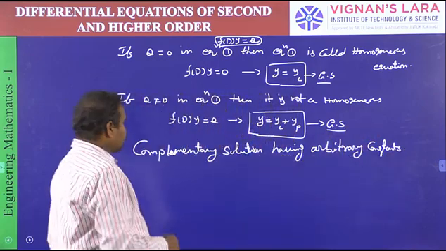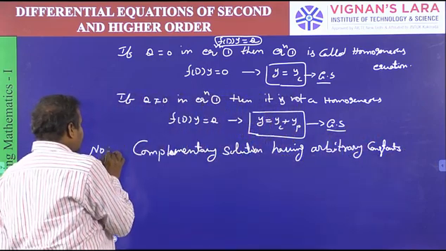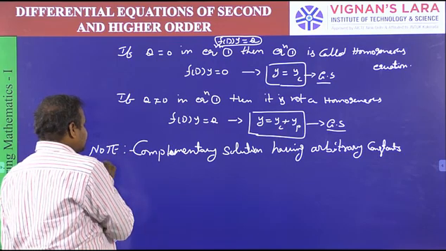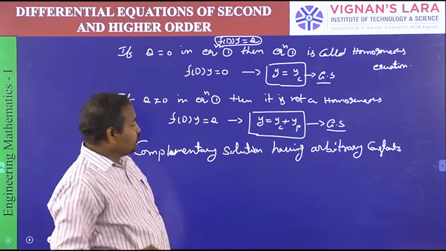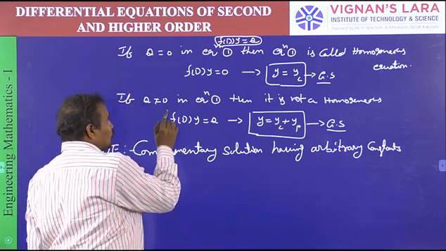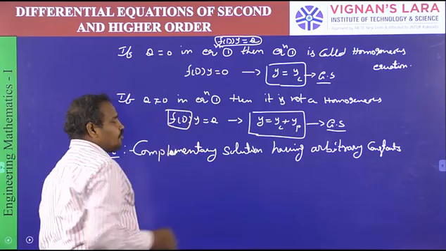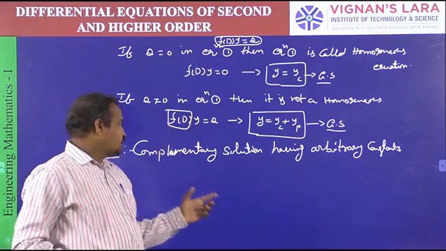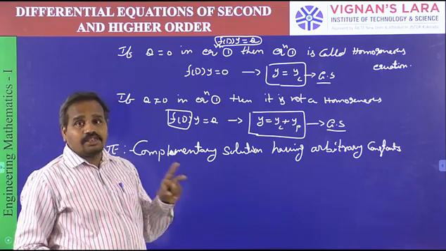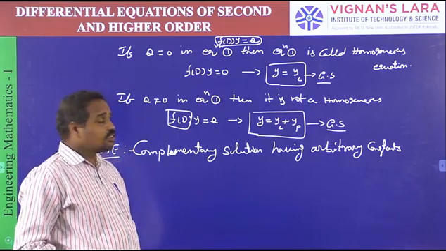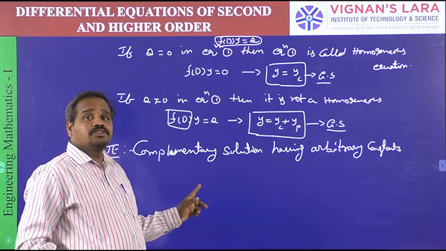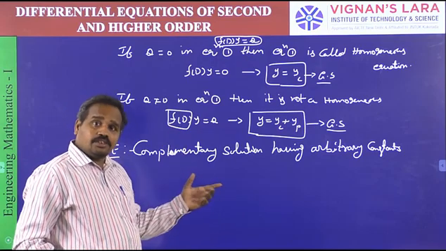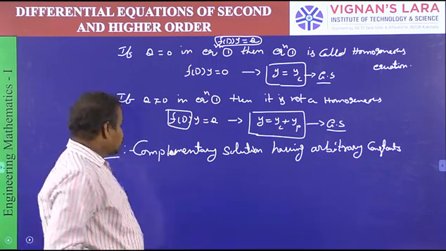This is a very important point. How many arbitrary constants exist in the complementary solution depends on the order of the function F of D. If the order of F of D is 2, then the complementary solution has 2 arbitrary constants. If the order is n, then the solution has n arbitrary constants.